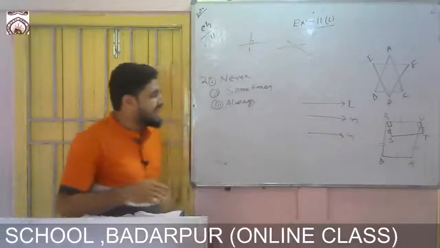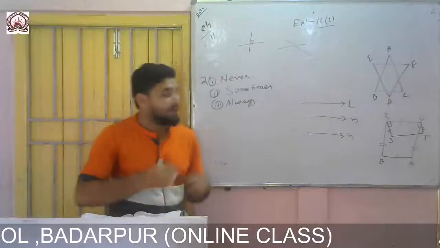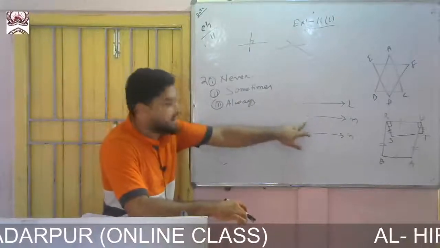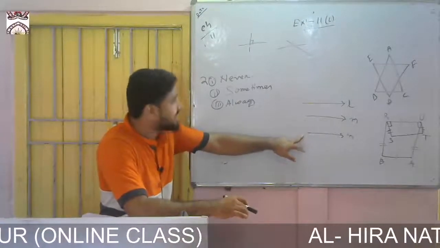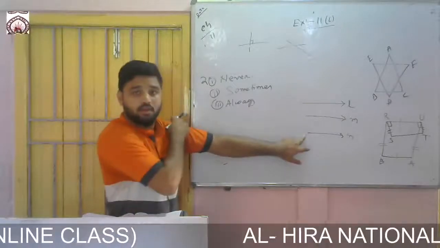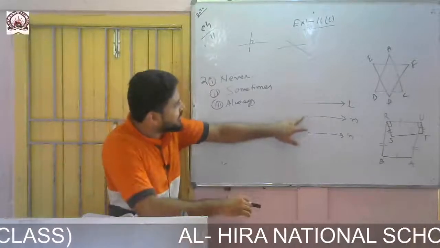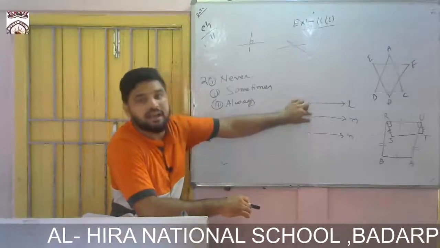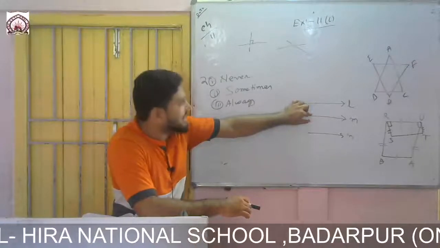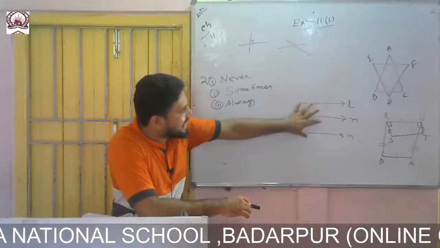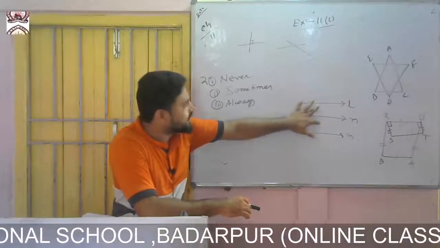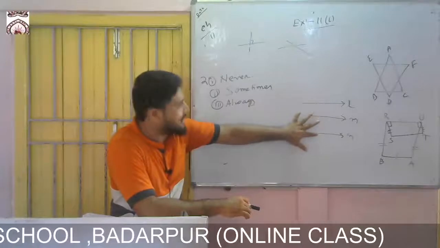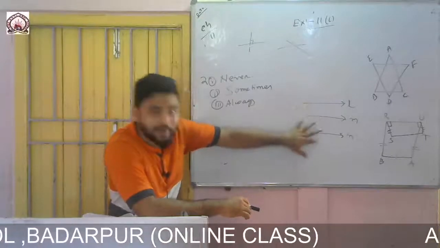Line L and line N are parallel. How? Because this one is equal to this one and this one is equal to this one, so I can say that this one is equal to this one. This M is representing that this one and this one are equal to him. So if this one is equal to him and this one is equal to him, then I can say that L is parallel to N.